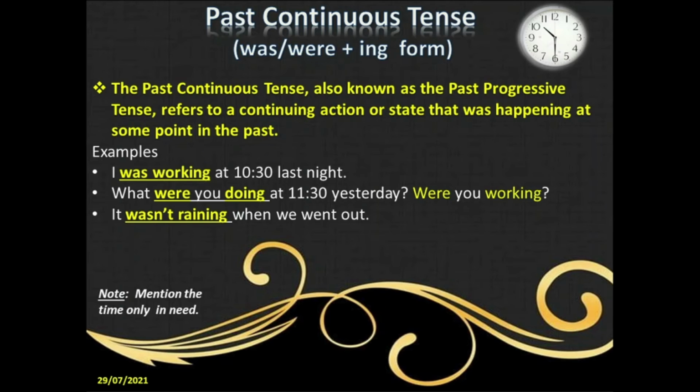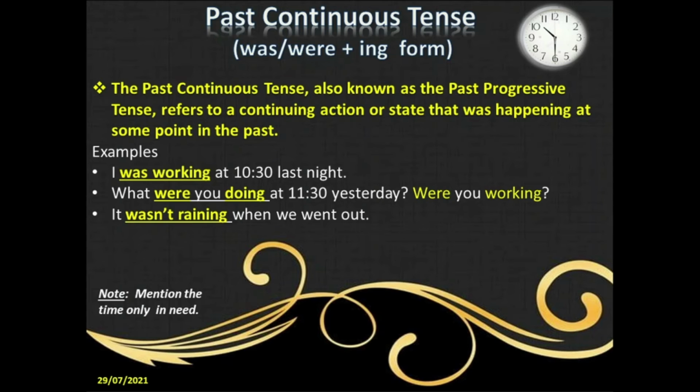So like past simple, even for past continuous we use the time. But keep in mind, mention the time only when you need to. Not that you always have to mention it. For example, if I ask you what did you have for breakfast, I know you must have eaten it according to the time. So when I ask that, I wouldn't need you to tell the time, except in an exceptional case.